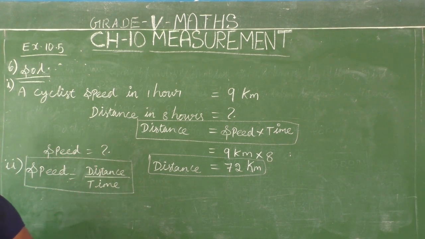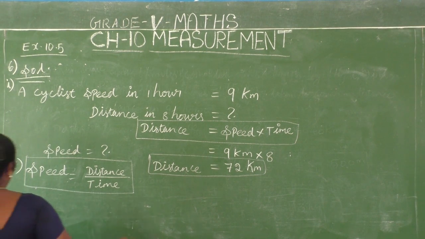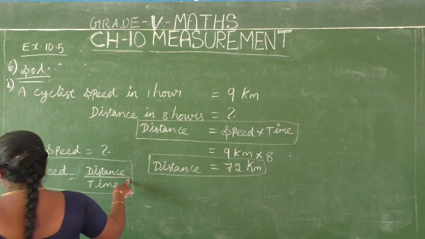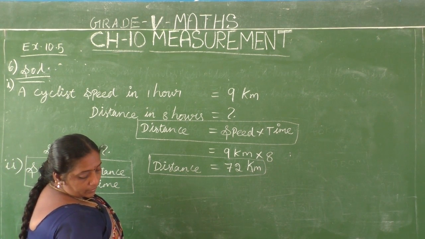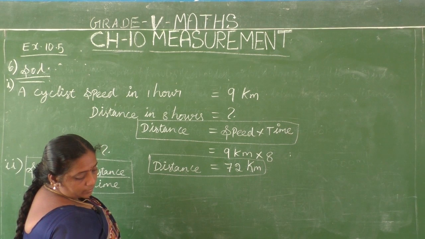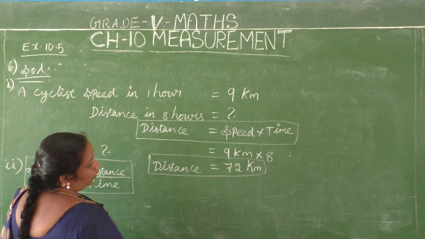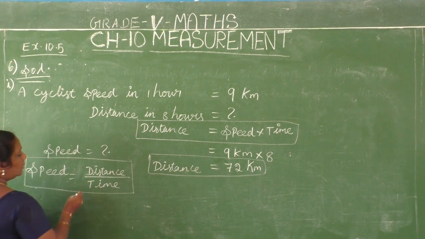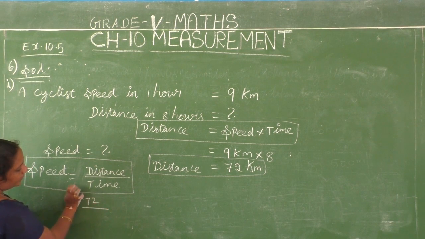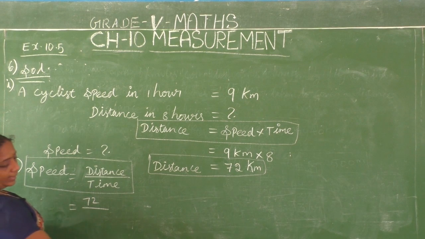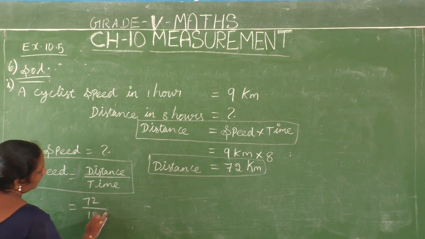For that I am using the speed formula. So the distance they gave, what distance? 72 kilometer. Just now we found that 72 kilometer is the distance. By time, they gave 10 hours.